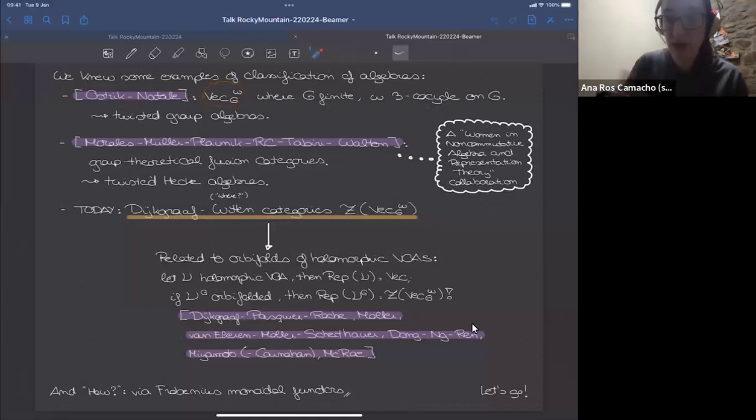This is the category of K-vector spaces that are G-graded, and the structure of the category is controlled by a certain 3-cocycle on G. This result classifies algebra objects in this category: they are exhausted by twisted group algebras, a certain kind of group algebra where the multiplication is tweaked by this extra cohomological data.